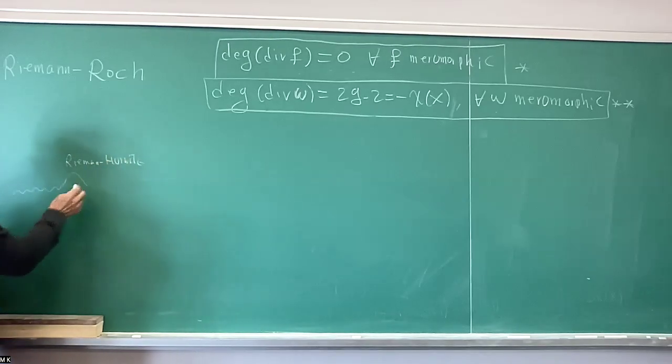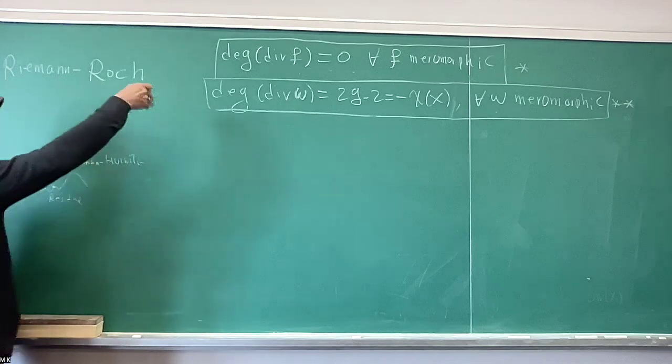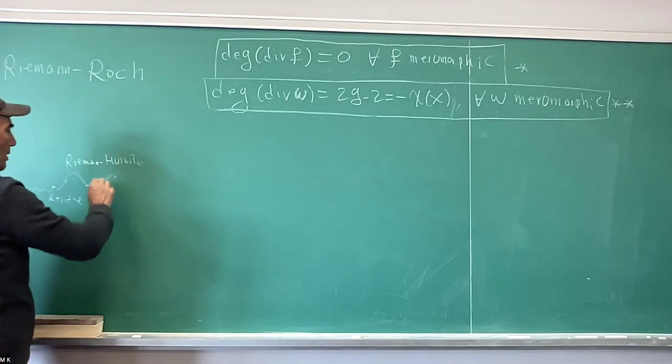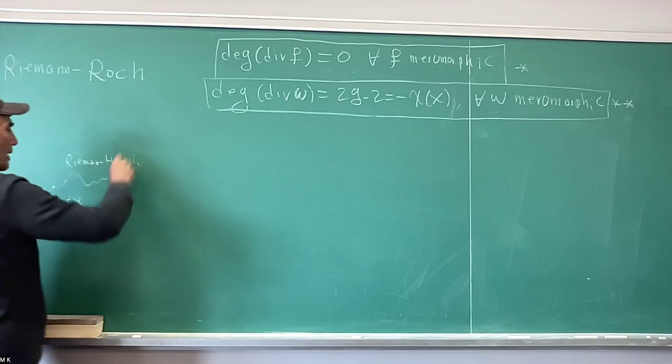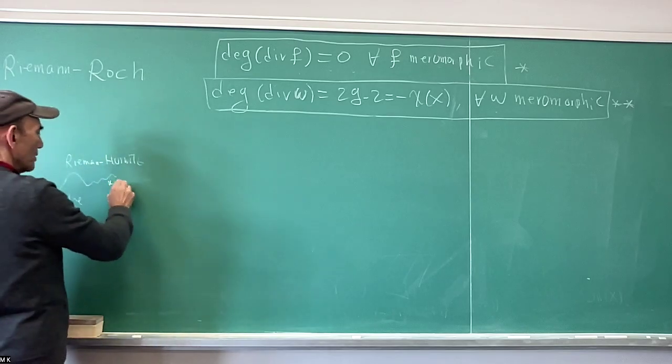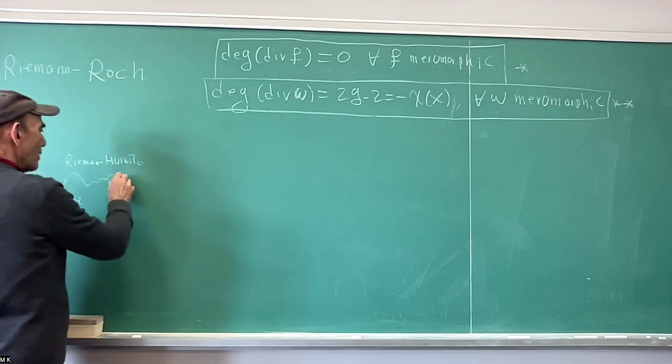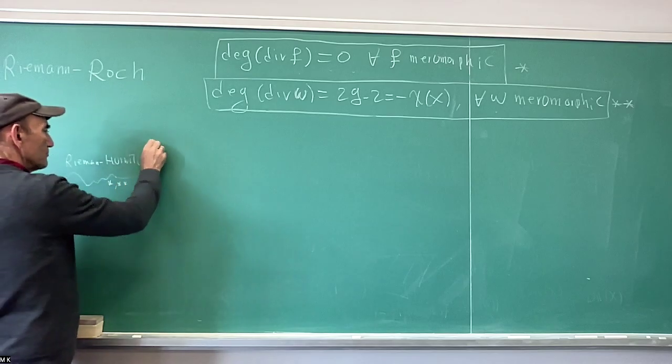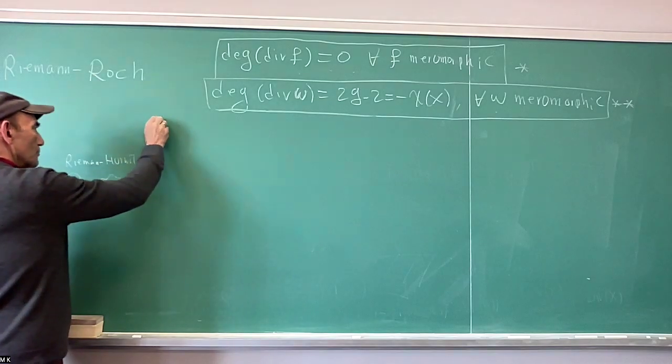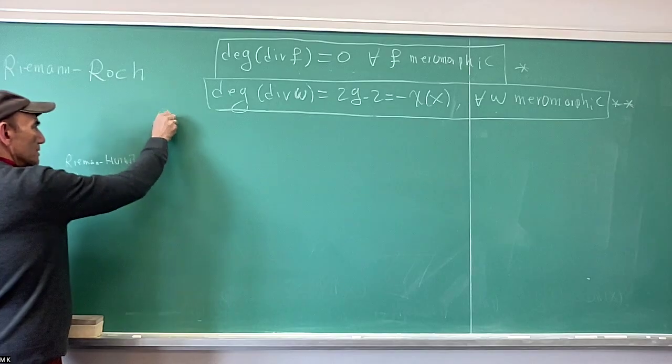And then, along the road, we will prove, for example, the residue theorem, and these results, star and double star. And now there is a very steep ascent. You have to go up. This is the Riemann-Roch.